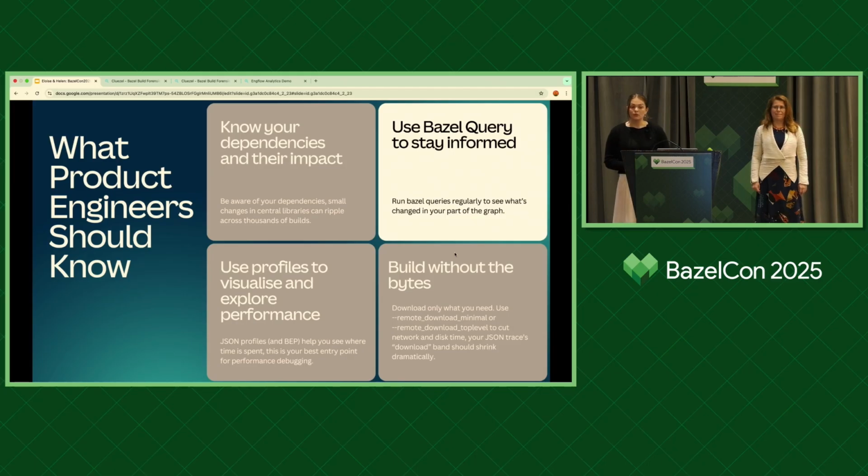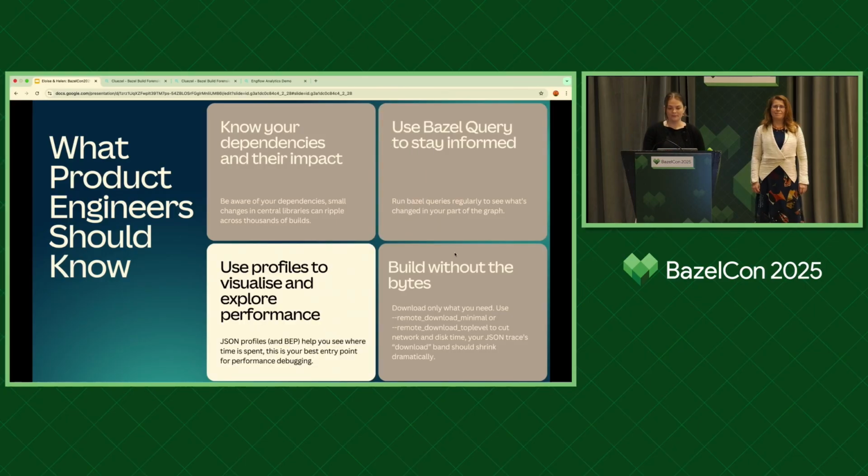Secondly, they could use Bazel Query to stay informed. Running simple queries regularly gives visibility into how dependencies evolve over time. It's an easy way for teams to catch unnecessary or accidental dependencies early. Thirdly, ensure they are familiar with profiles to visualize performance. The JSON trace profile is a great entry point for product engineers to see where time is being spent.